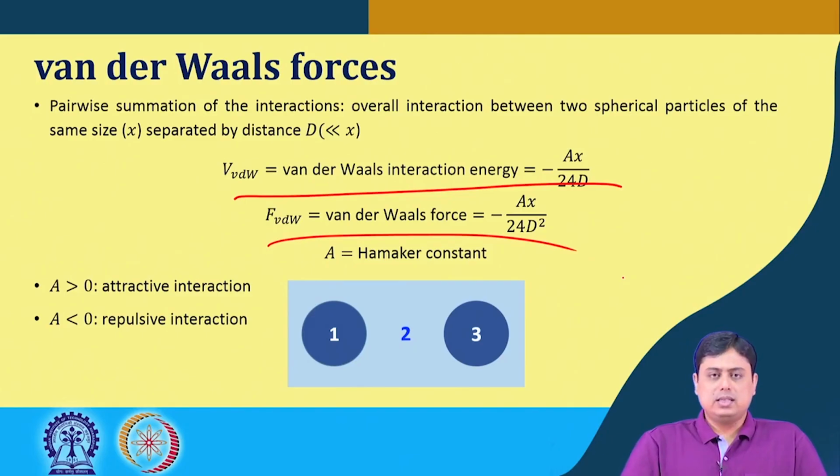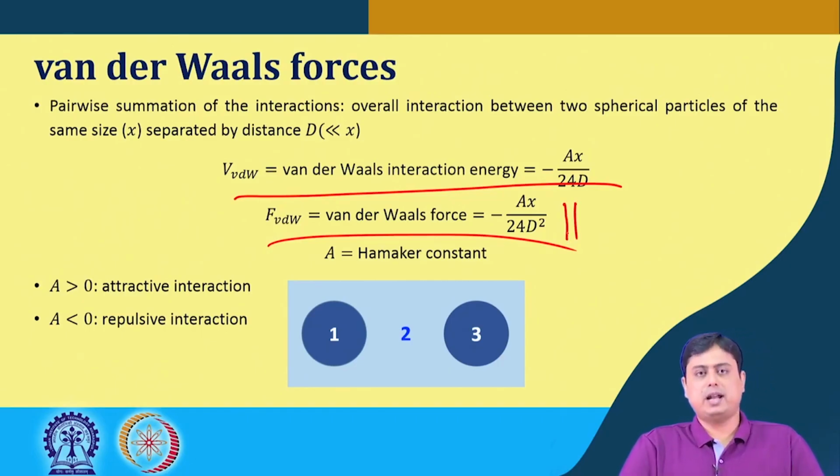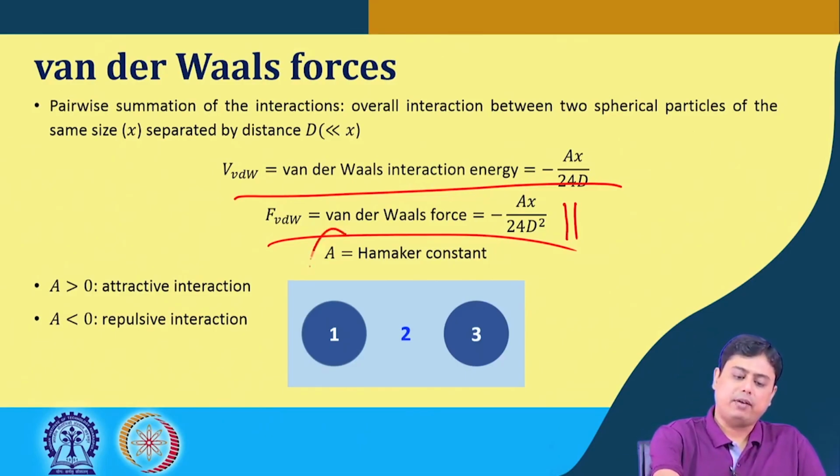Now, this schematic shows that the particles are of two different materials, that is particles 1 and 3, separated by an intervening medium, that is 2. Now, the positive or negative value of this force, that means attractive or repulsive nature, and its magnitude would depend on the value of this Hamaker constant.